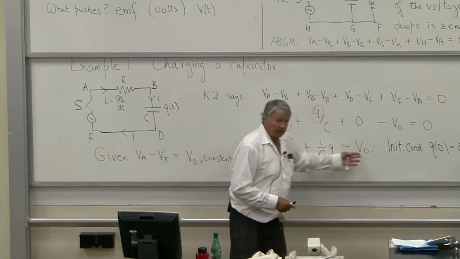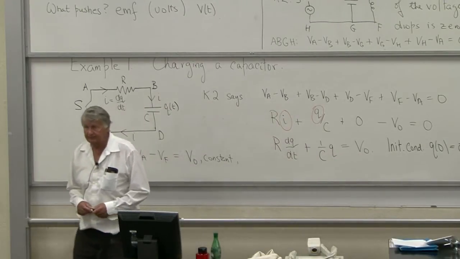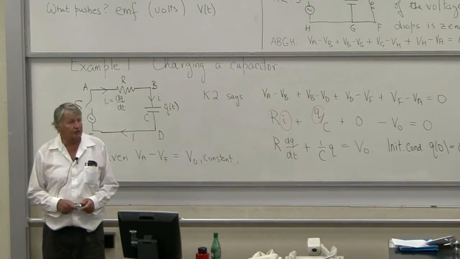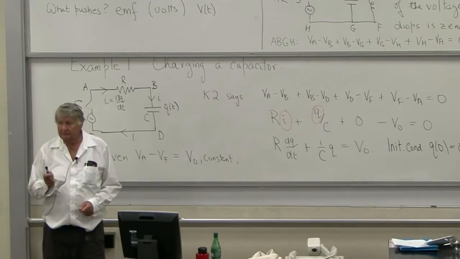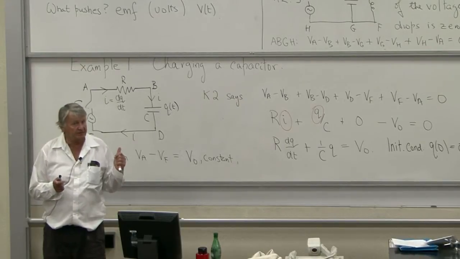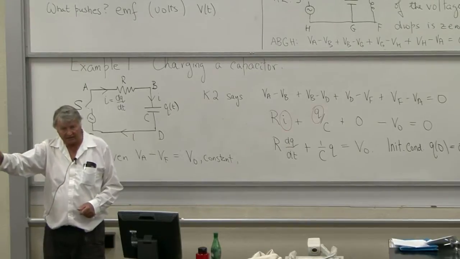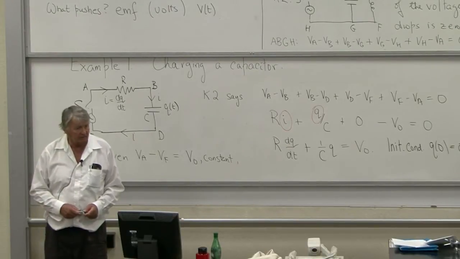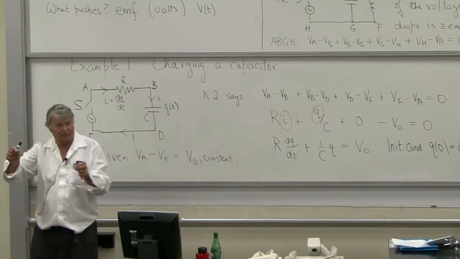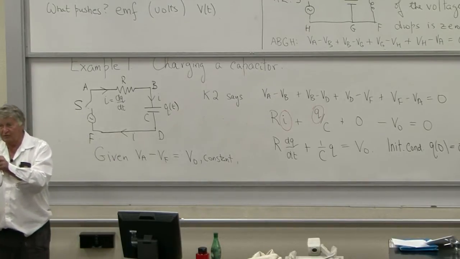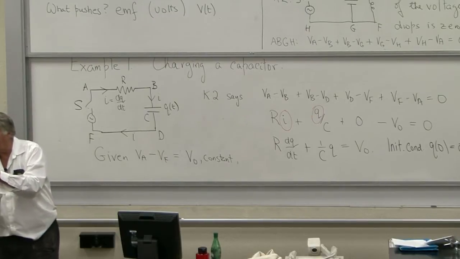Right, so now let's see if we can analyze this situation. Before I do, are there any questions? It's very simple, isn't it? The sum of the voltage drops around any closed circuit is 0. And if you have a network where the current is going to split at a junction, then the current in is equal to the sum of the currents out.